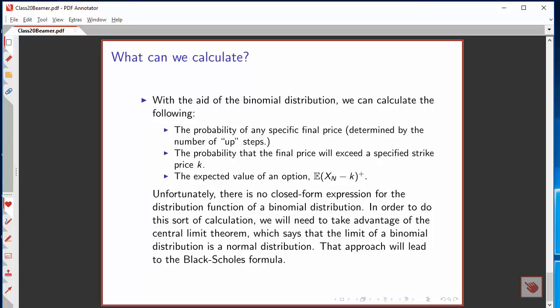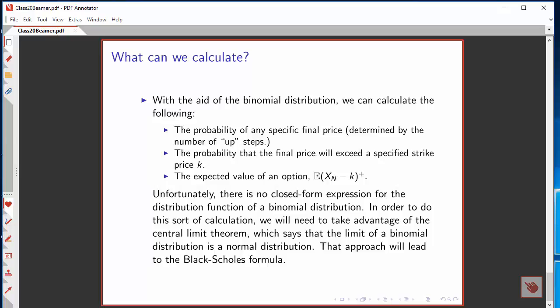The central limit theorem says that the limit of a binomial distribution, in the case where we have a very large number of trials, is a normal distribution for which there is a well-known formula for the probability distribution function, though it's not expressed in terms of elementary functions.